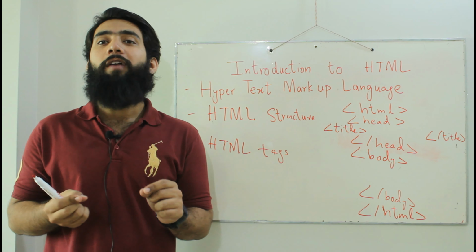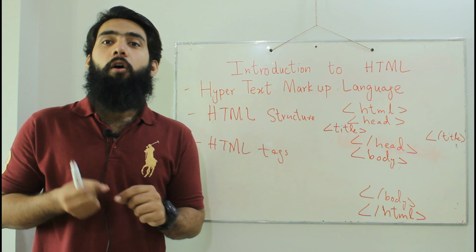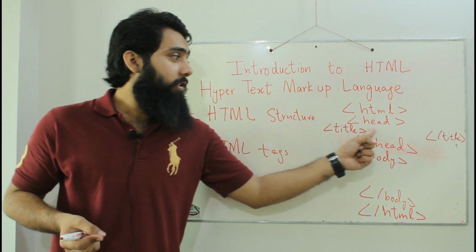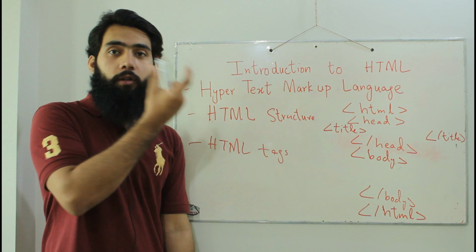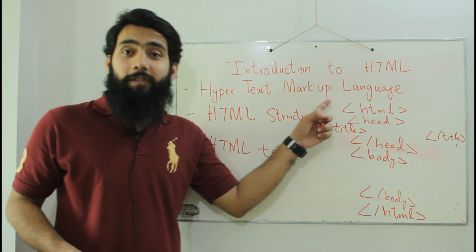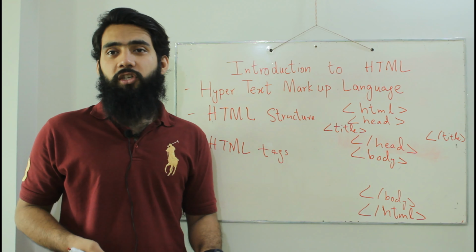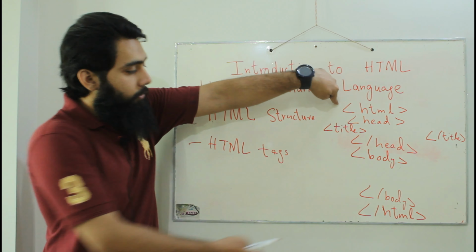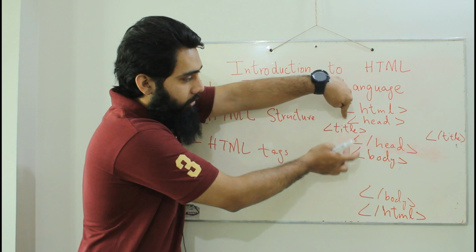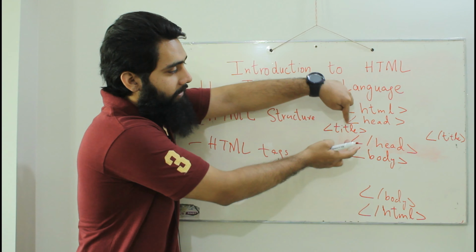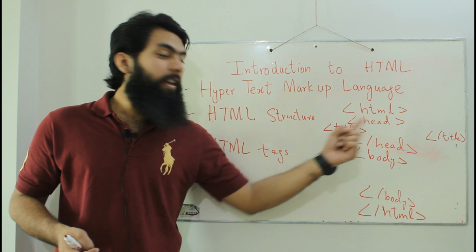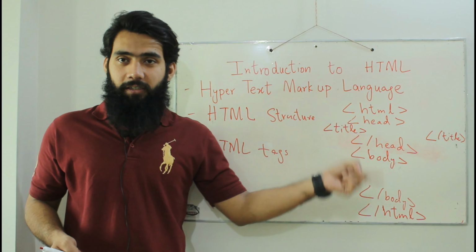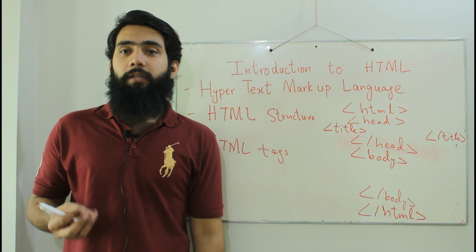So whatever I write in between would be displayed on that tab. So this is basically the structure of the HTML, which consists of 1, 2, 3, and inside the head I have title. These several tags, we always write if we want to write HTML.